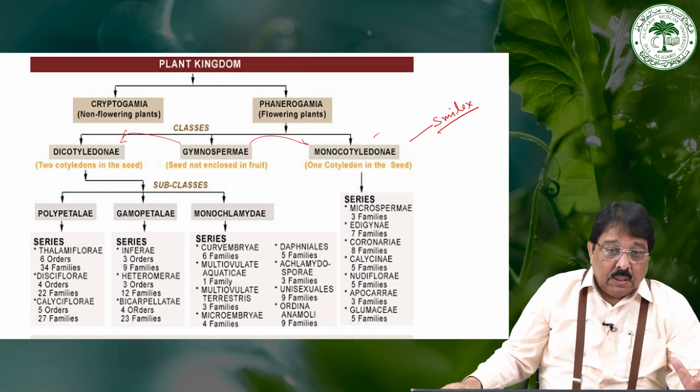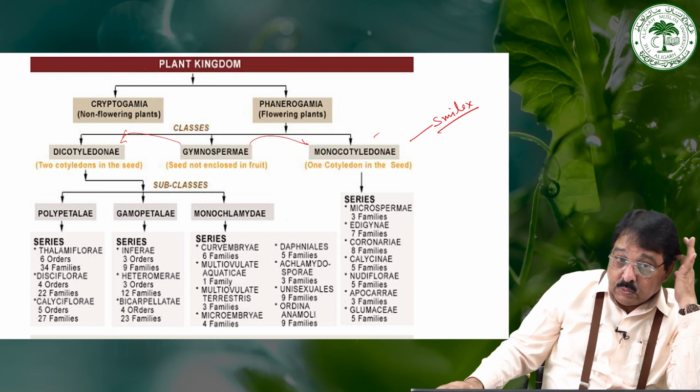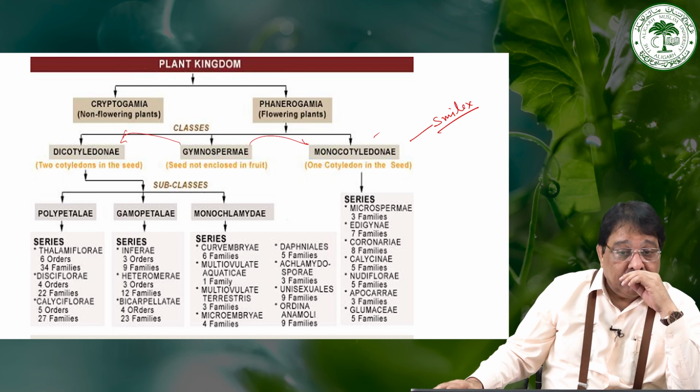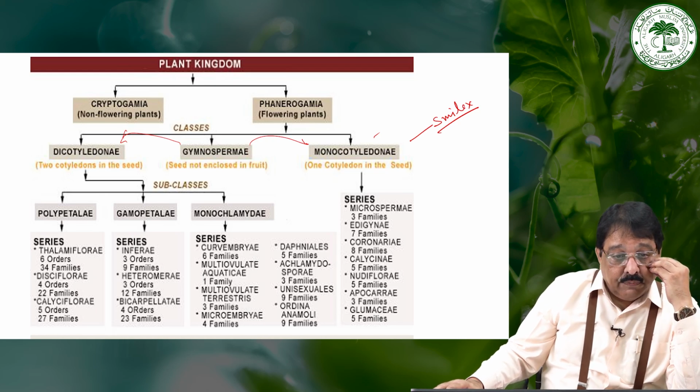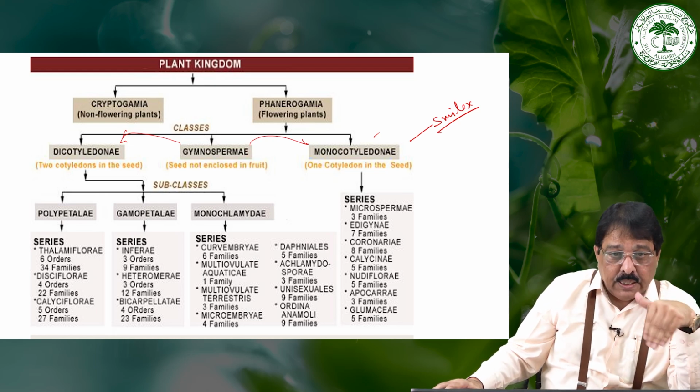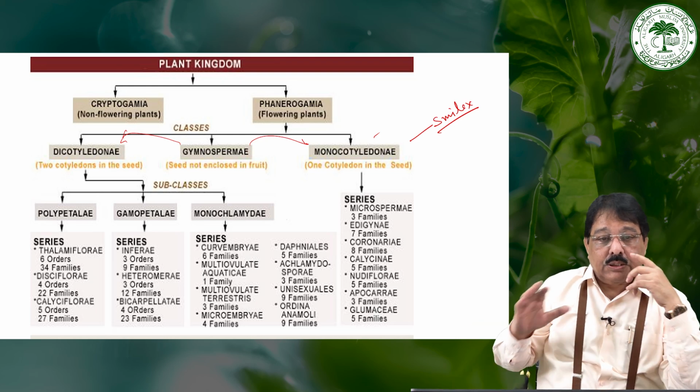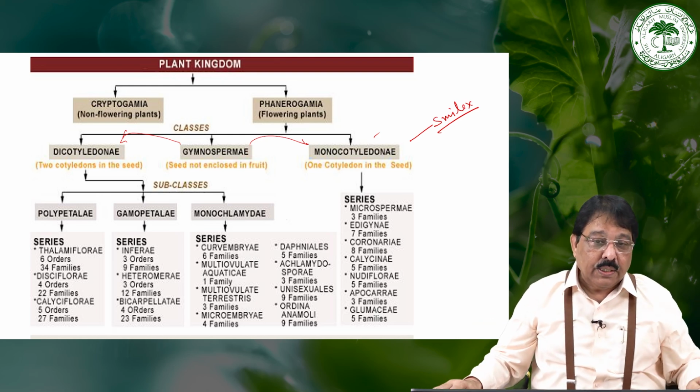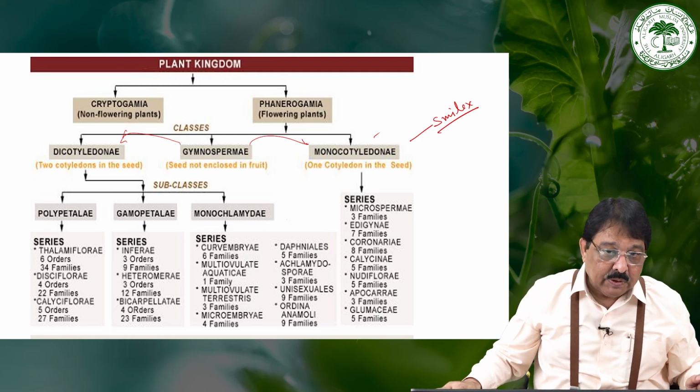Then the polypetalae, if it is polypetalae, then it is further divided into the thalamiflorae, disciflorae, and calyciflorae. Here we can judge the position of the ovary in relation to the thalamus.